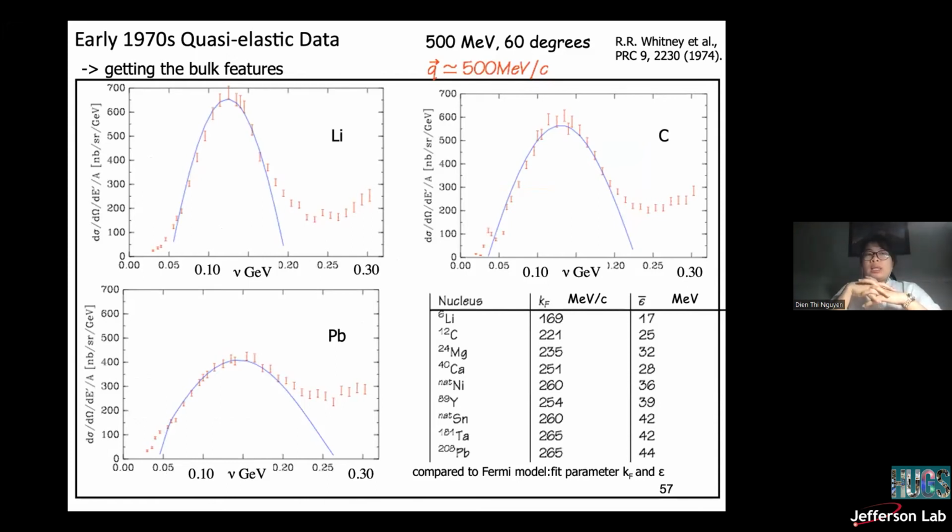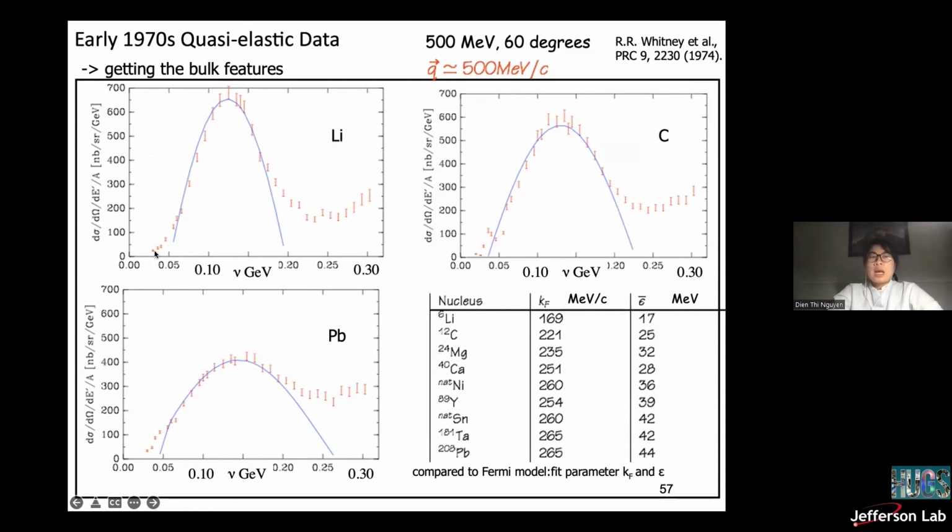This data, I think, is from the very early 1970s. For this one, they did the measurement on many different nuclei in this list right here, and we're only showing a picture of a few of them as examples. This is the cross section as a function of the transfer energy.